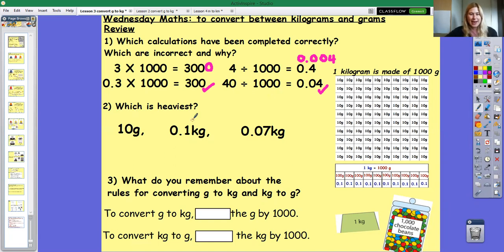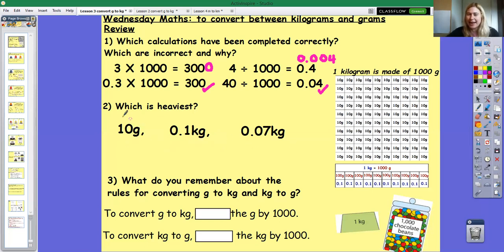Now this one, which is heaviest, this is designed to get your brains thinking about what you did yesterday in maths, because we learnt about what 10 grams was in relation to 1,000 grams, which is a kilogram. And we also learnt what 100 grams was in relation to 1,000 grams. Okay, so looking at these 3 measurements, I can see that one of them's in grams and 2 of them are in kilograms.